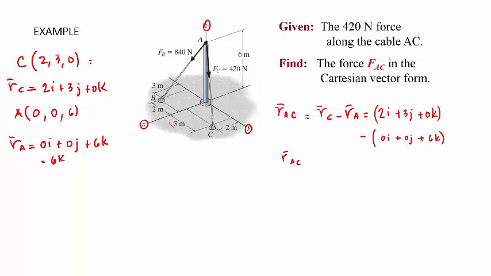So r_AC is going to be 2i plus 3j, and then 0 minus 6, minus 6k.